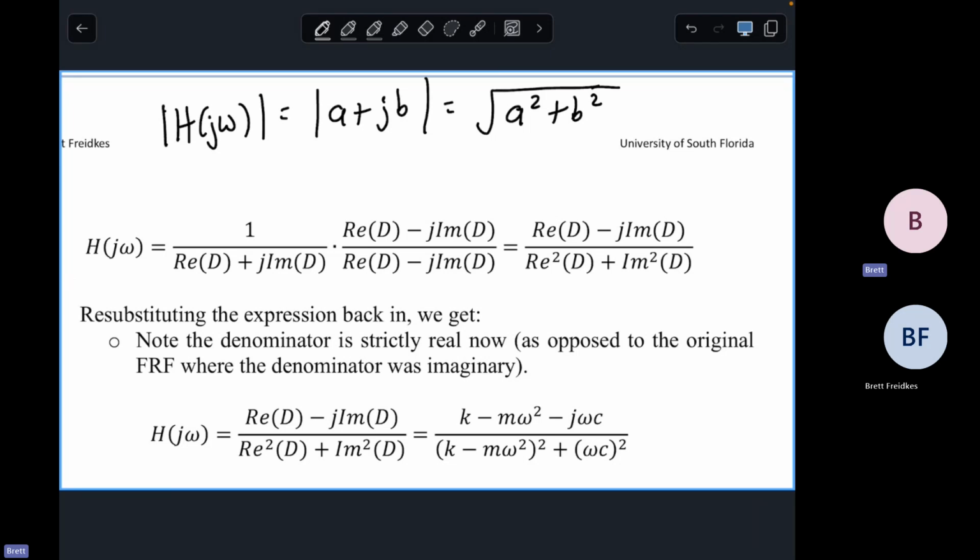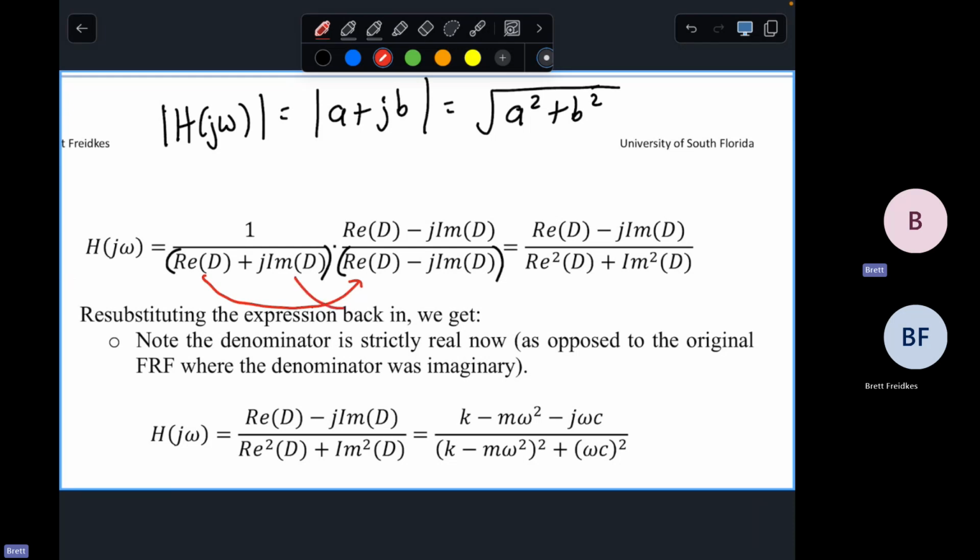And again, I taught you a trick to avoid doing this, but in general, you can't have a j in the denominator. So by multiplying by the complex conjugate, what you see down here, if you're looking at the denominator, is they have real times real. You'll have j real imaginary minus j real imaginary. Those go away.